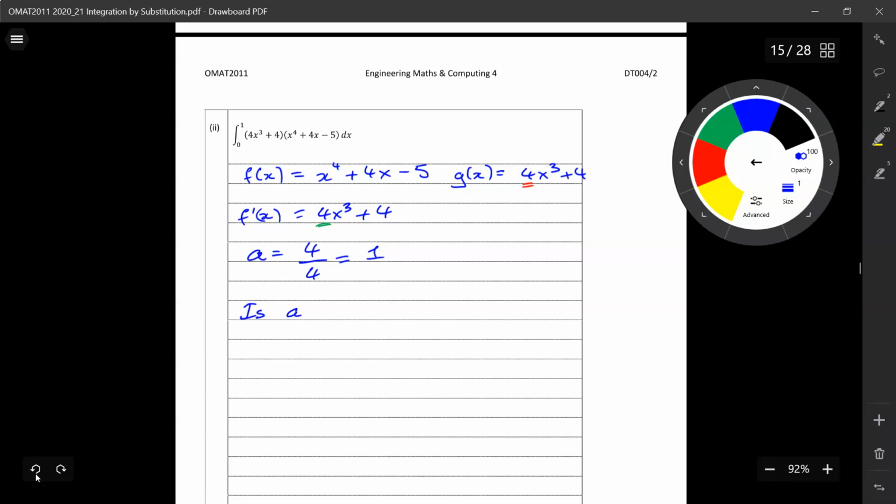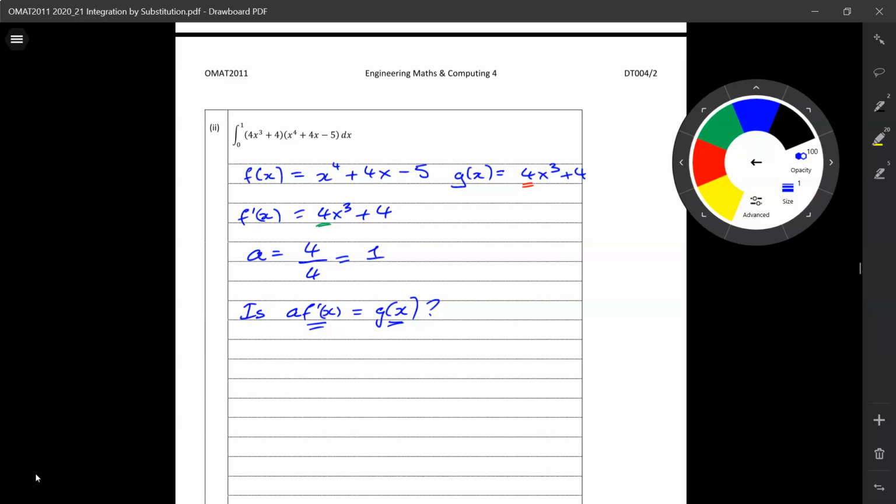So we say, is a times f prime of x equal to g of x? What that's asking is, is the first derivative of the larger function equal to, or a multiple of, the second function?